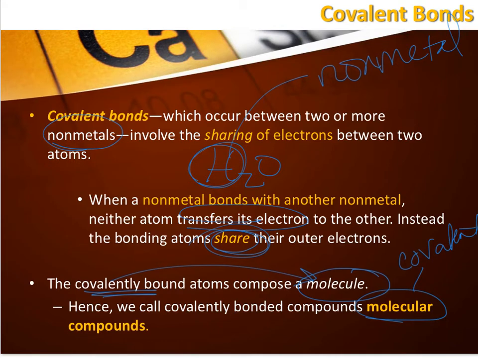Ionic compounds, on the other hand, for example, table salt, sodium chloride, because we can't isolate one individual NaCl unit. Remember in the last slide I talked about how a whole bunch of cations and anions all packed together because of the strong attraction of opposite charges.